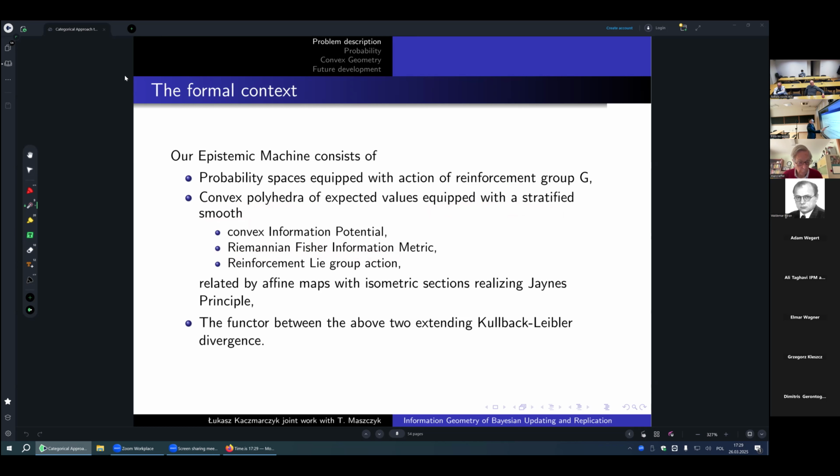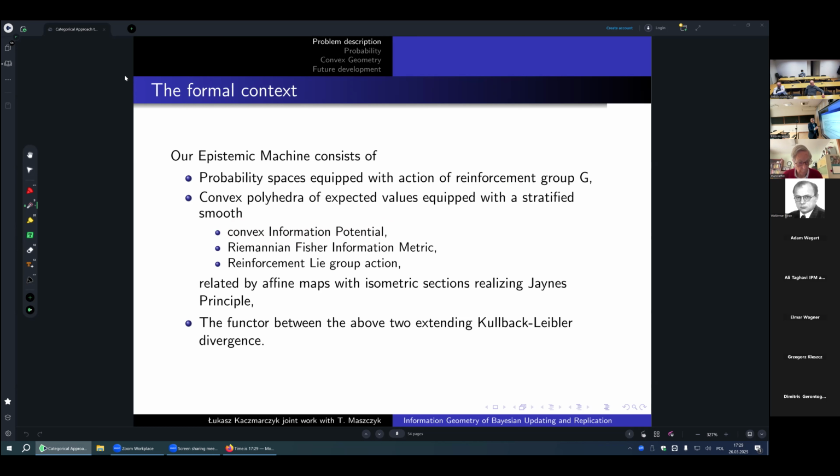That's why there is the Fisher information part. And in the case of synthesis, this will exactly be the Fisher-Rao information metric that you can find in many books. This will come from its convex information potential simply as a Hessian.